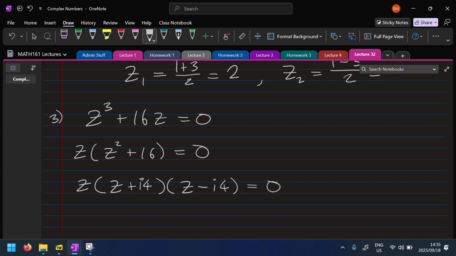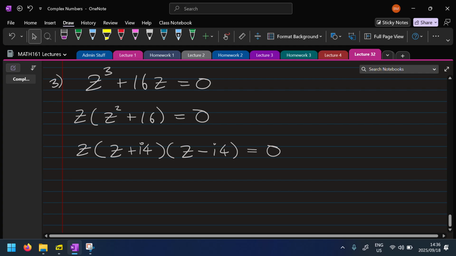If it was Z squared minus, we would have plus minus 4, but it's Z squared plus, so we have to include the i. And you can check this. So Z times Z, that will give us the Z squared, plus i times 4Z minus i times 4Z, that goes away. Then i times 4 times minus i times 4, so we get minus i squared 16, but i squared is minus 1, so we get 16.